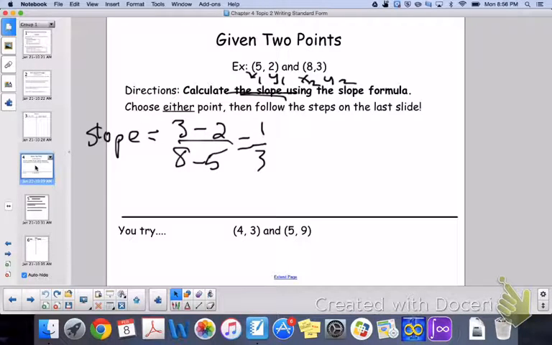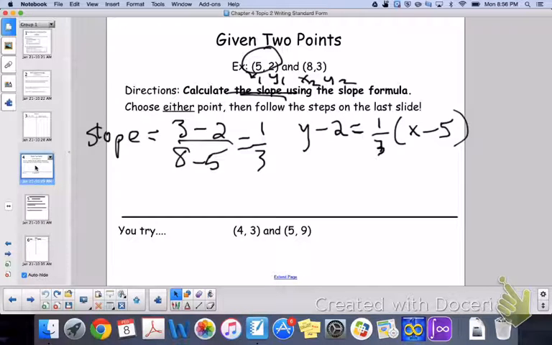That gives us 1/3. Alright, then choose either point, and it doesn't matter which one. Alright, if we go with the one on the left, 5 and 2, we have y minus 2 equals 1/3 times x minus 5.